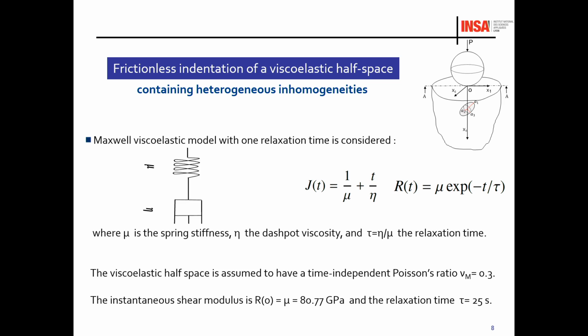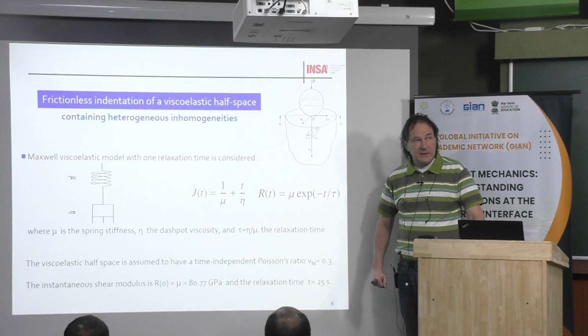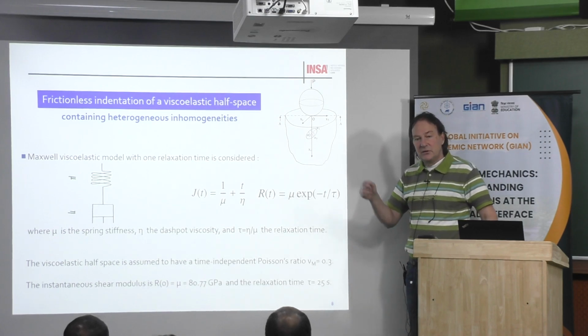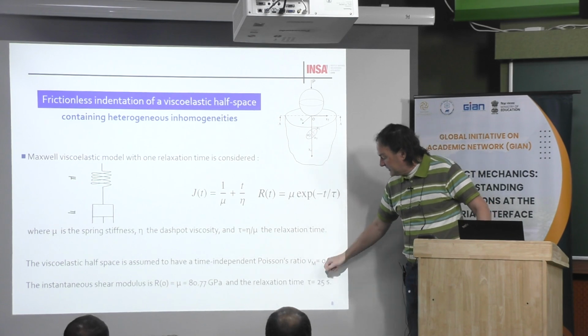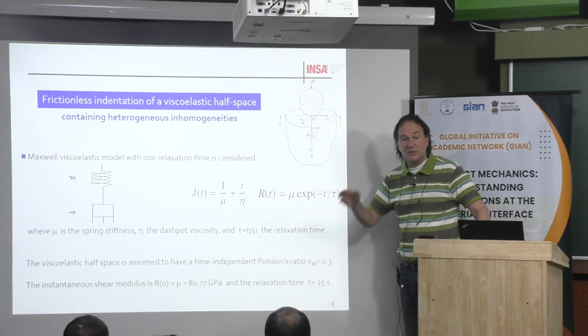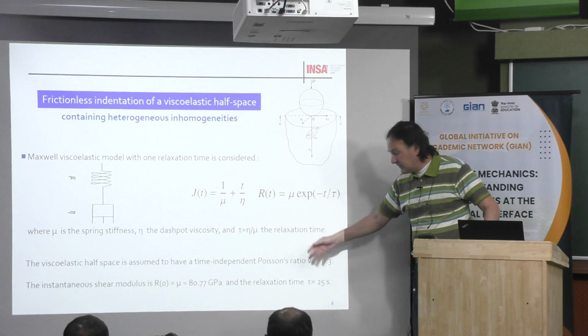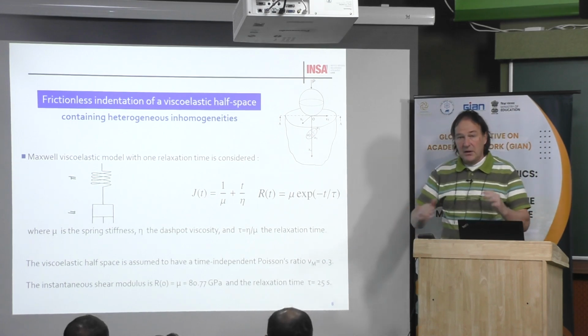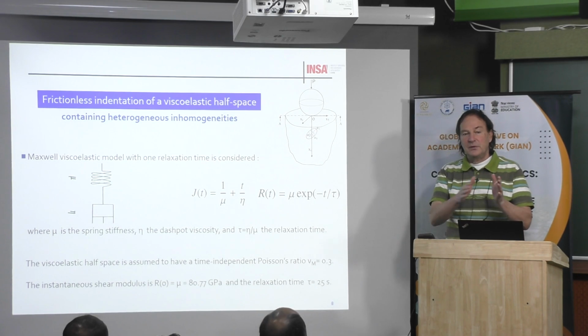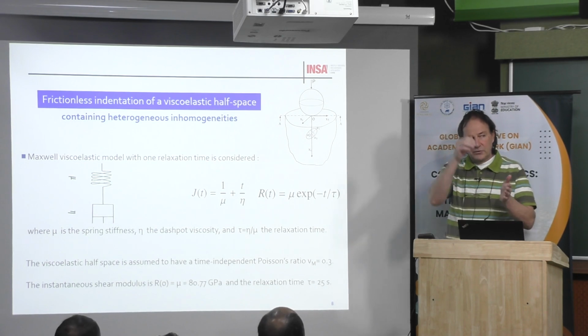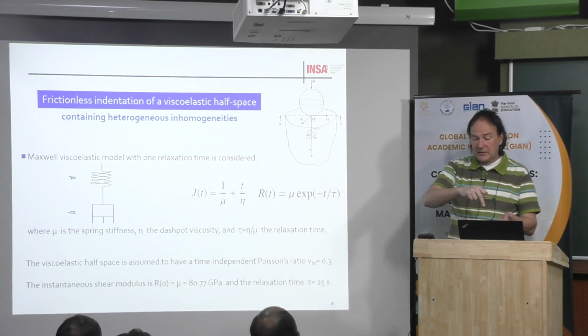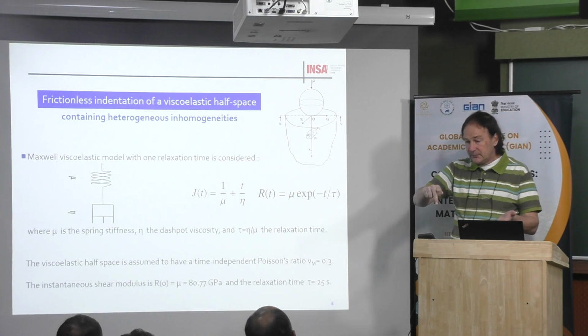In fact, the times are not very important. What is important is the dimensionless time. We always plot the results as t over tau, where t is the time and tau is the relaxation time. Typically, everything happens around tau. For example, if you have a transient analysis, you load the contact, you slide the contact.